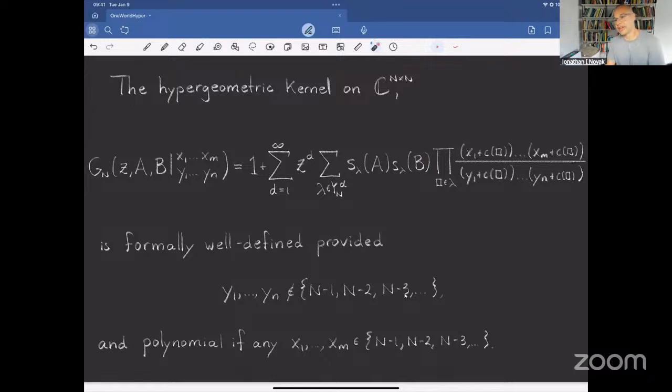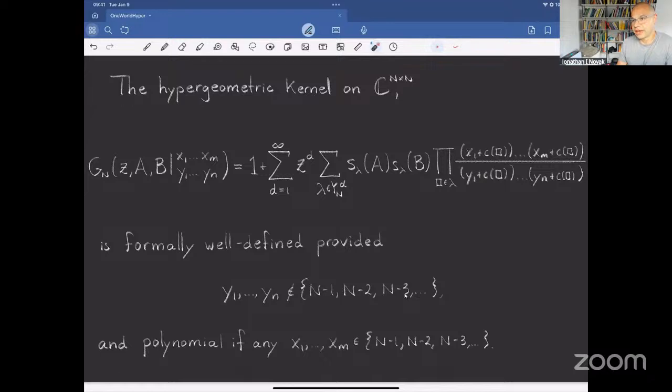So it's not really necessary that you think of A and B as matrices, but it's good that you do. You should keep that picture in mind. But really, it's a power series in 1 plus 2n variables. And at least formally, it's well defined as long as your lower parameters are not integers less than n, just so that you avoid division by 0 in this denominator here.